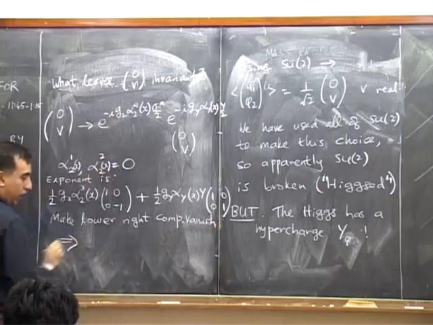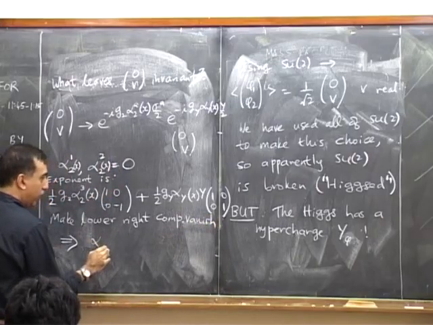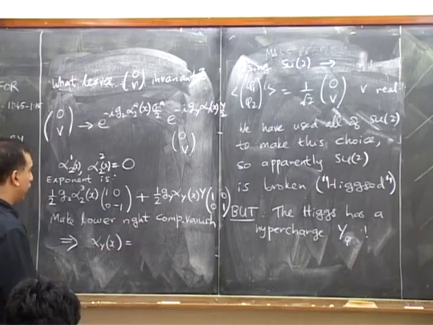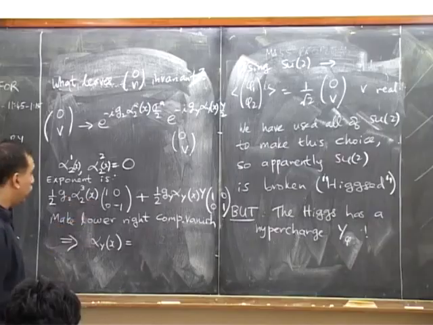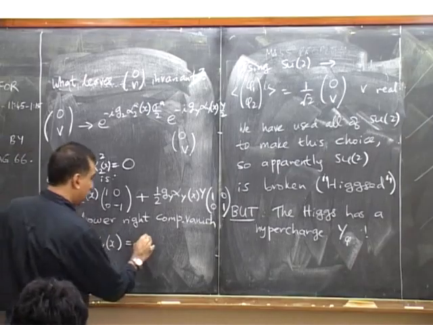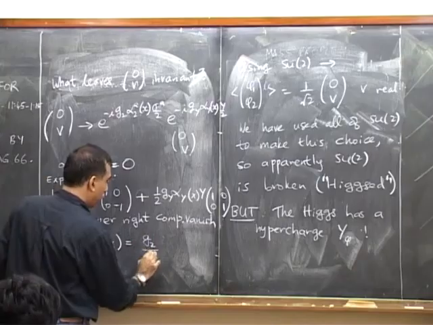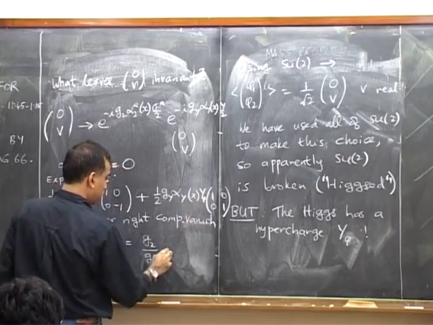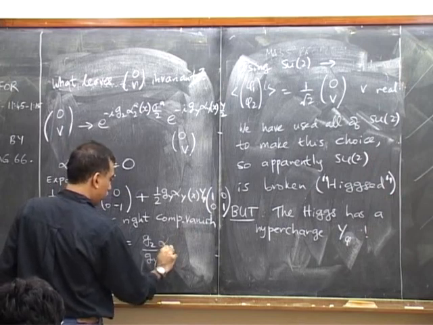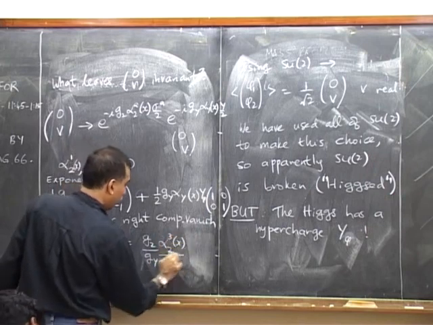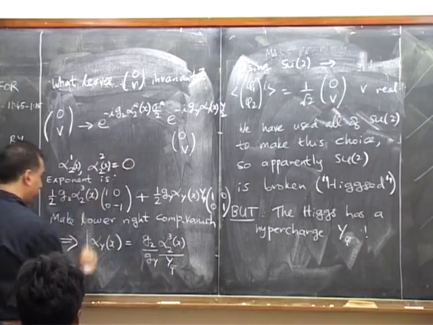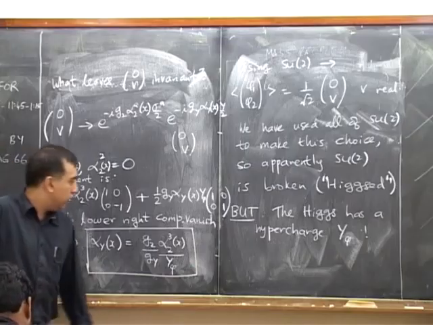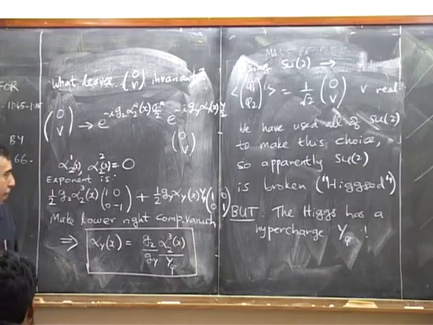This tells us that we should take alpha y of x, the parameter, and make a relation between alpha y and alpha 2, and the relation is precisely g2 upon gy times alpha 2 3 of x upon y phi, which obviously you can't do if y phi is 0.